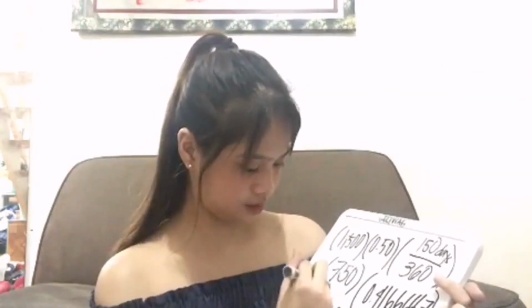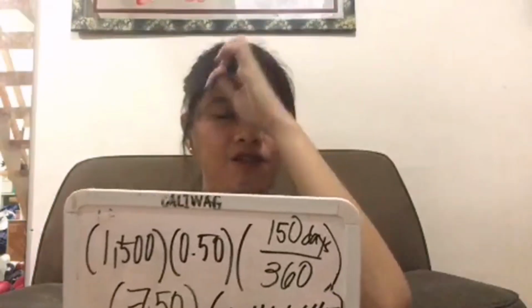And these remaining two, we are going to multiply that. 750 times 0.41666667 is equal to 312.5. But don't forget the peso sign. So that's it for ordinary interest.